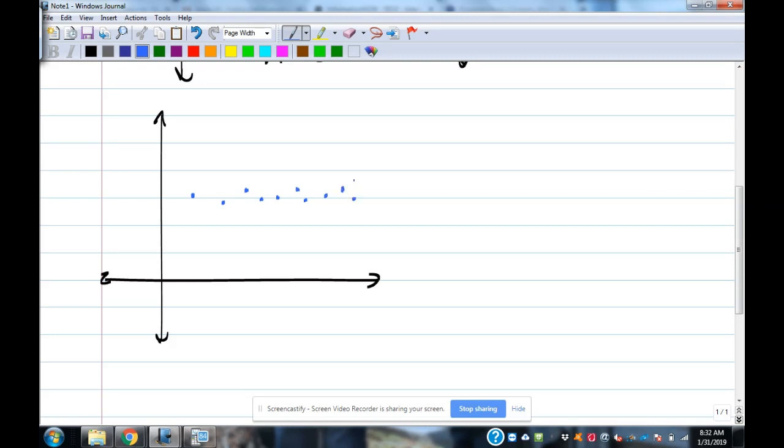What do we know about that? It's constant. It seems to be all hovering around the same y value there, right? So if we did a trend line on that, or a line of fit, it'd look like that.